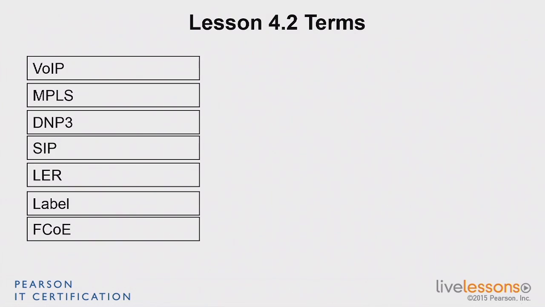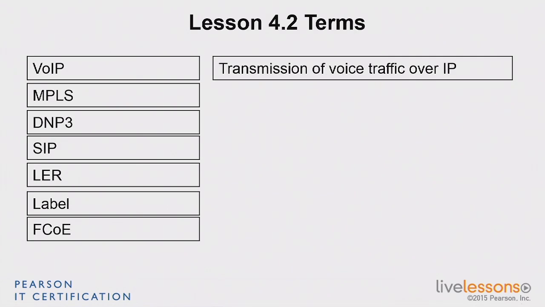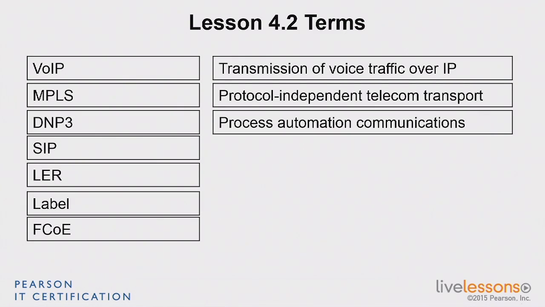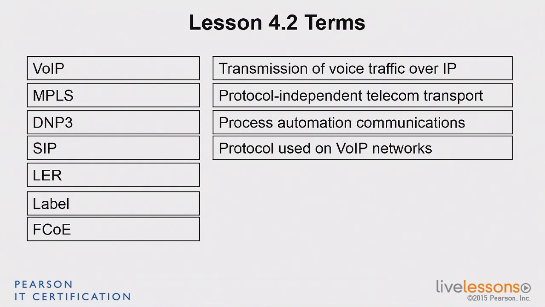All right, let's go through our 4.2 terms. VoIP is transmission of voice traffic over IP, the move from traditional analog circuits to using IP as a transport medium. MPLS is a protocol-independent telecom transport that can integrate with IP. DNP3 is the protocol used for process automation communications.